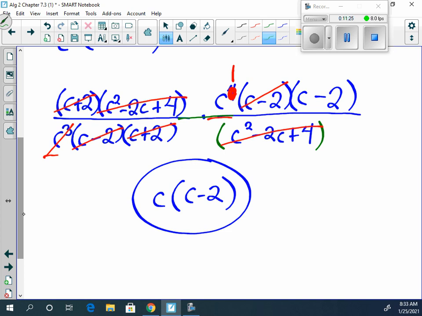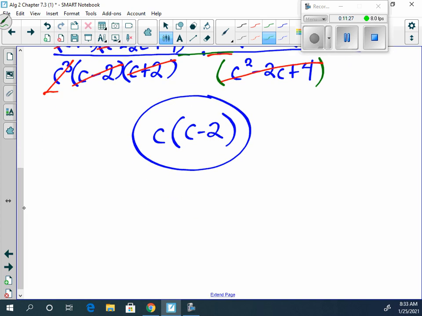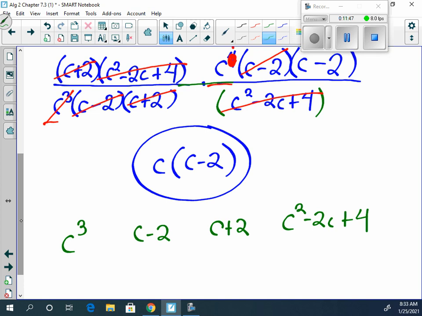So if we look at this here, well, in the denominator, we had c to the third, c minus 2, c plus 2, and c squared minus 2c plus 4, yes? We had 4 different terms. Now, before we get to these first 3, c cubed, c minus 2, and c plus 2, I want to look at c squared minus 2c plus 4.